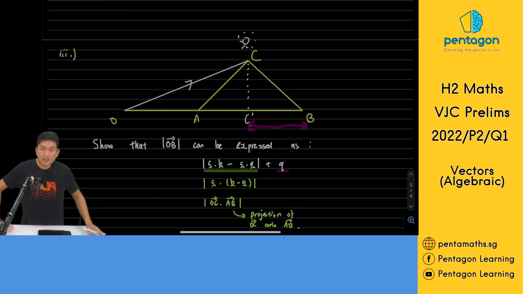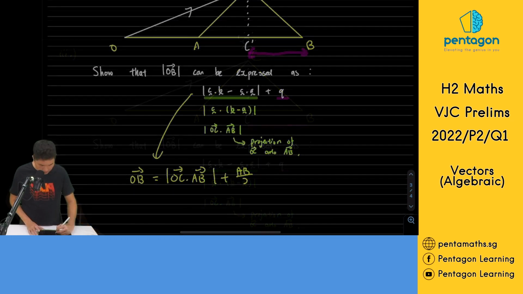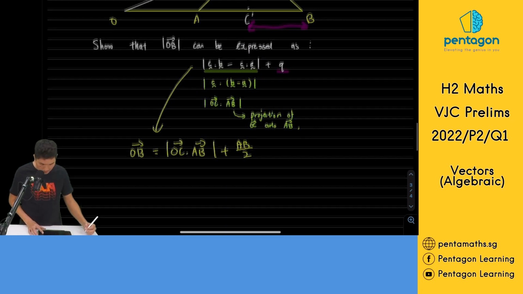And what is C prime B? Firstly, there is some information given by the question that is not shown here, and that is that C is equidistant from A and B. This makes C prime the midpoint between A and B. So C prime B is just half of AB, and since AB is a unit vector, C prime B is just a half.